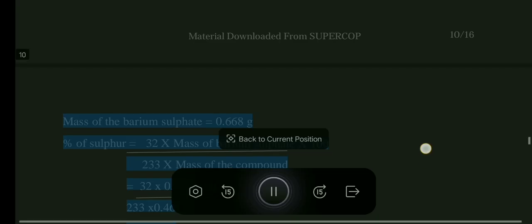A1: Mass of the compound = 0.468 g. Mass of barium sulfate = 0.668 g. Percent of sulfur = (32 × mass of barium sulfate × 100)/(233 × mass of the compound) = (32 × 0.668 × 100)/(233 × 0.468) = 19.60%.